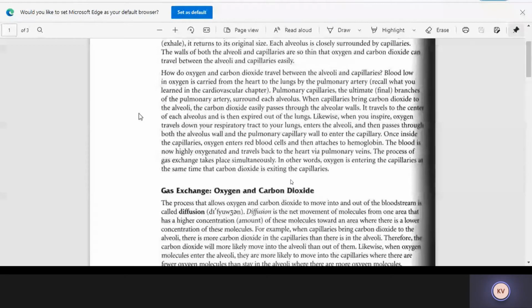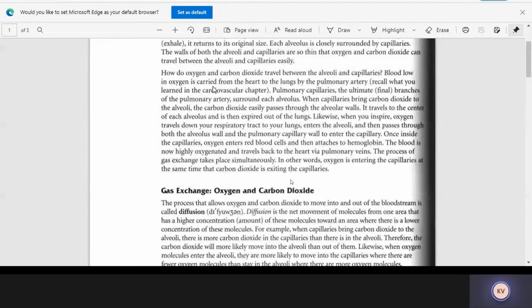Recall what you learned in the cardiovascular chapter. Pulmonary capillaries, the ultimate final branches of the pulmonary arteries, surround each alveolus. When capillaries bring carbon dioxide to the alveoli, the carbon dioxide easily passes through the alveolar wall.